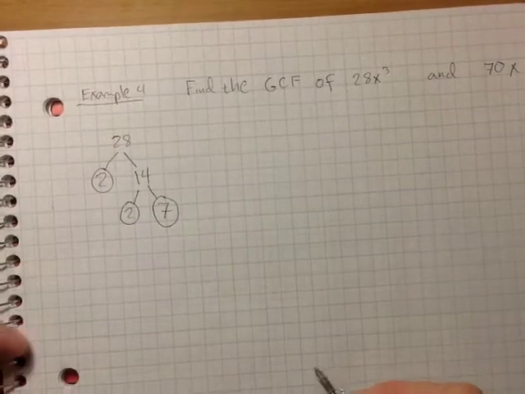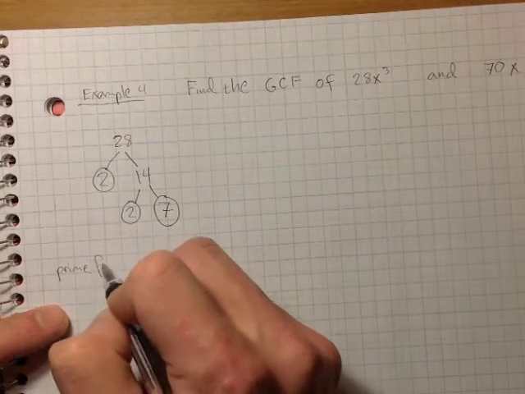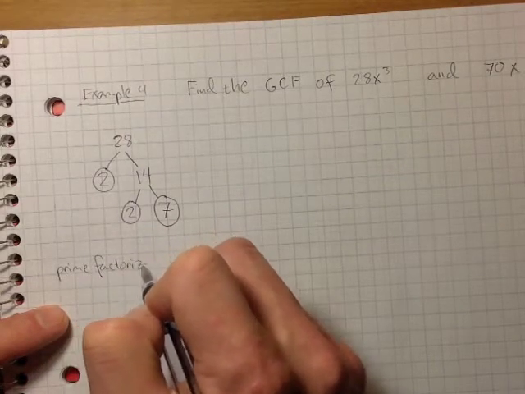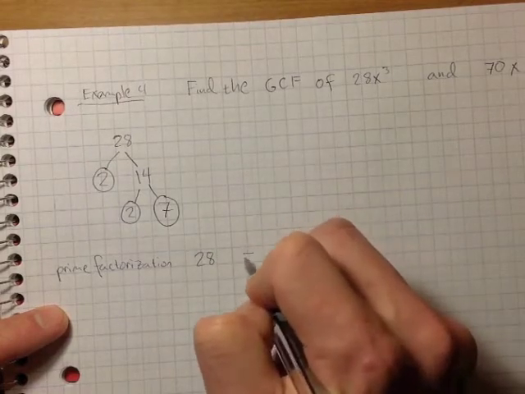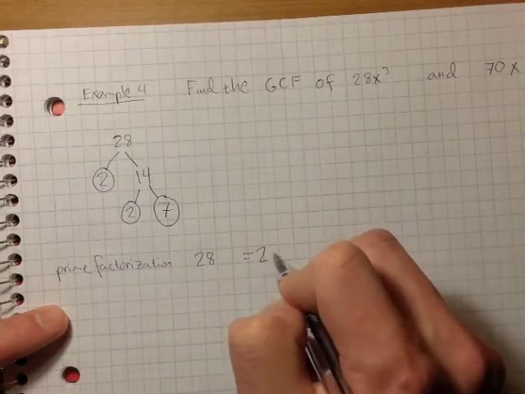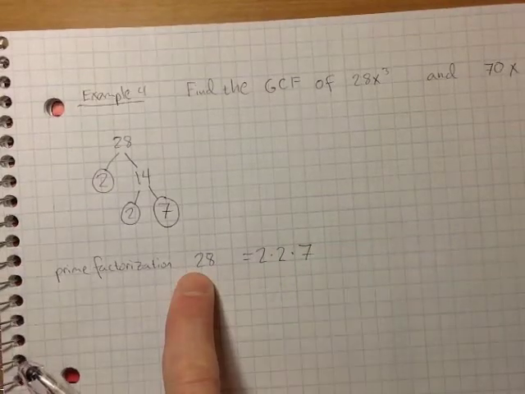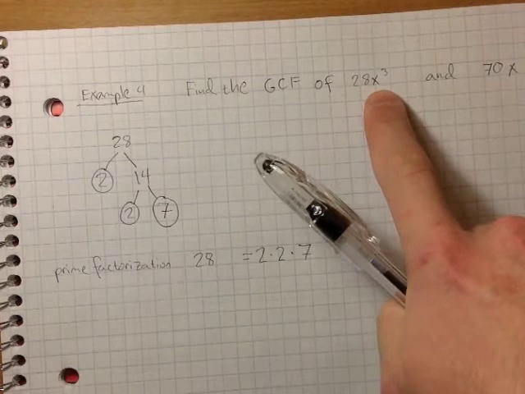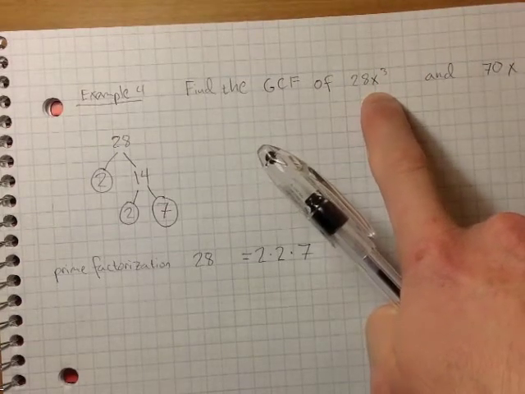Now let's write out the prime factorization of 28. 28 is equal to 2 times 2 times 7. Now remember that we had an x cubed. X could be anything. We don't know its value.